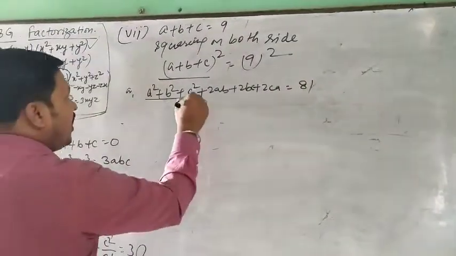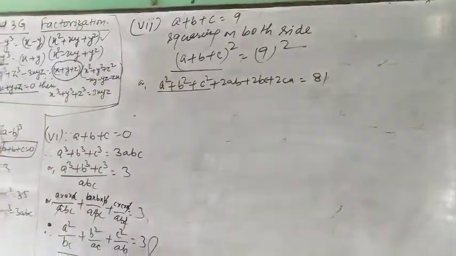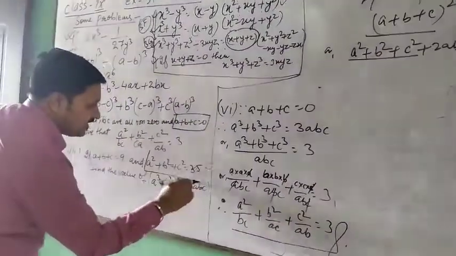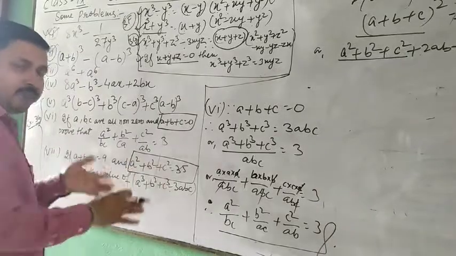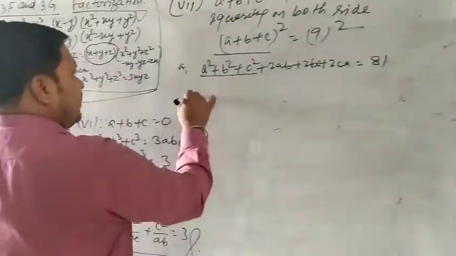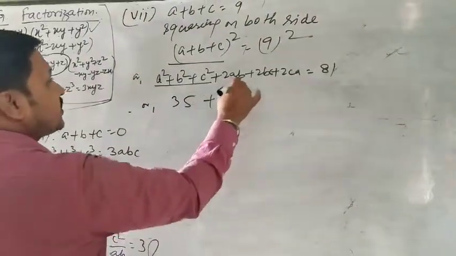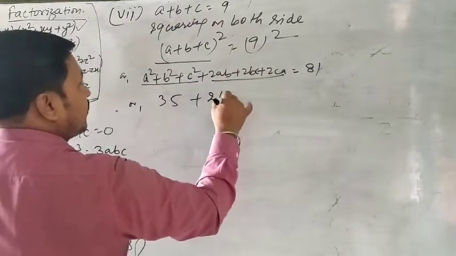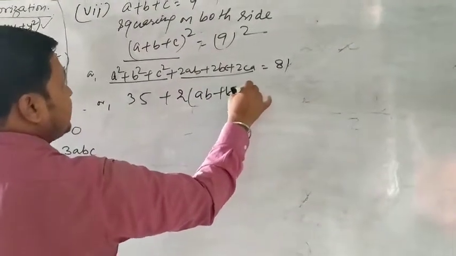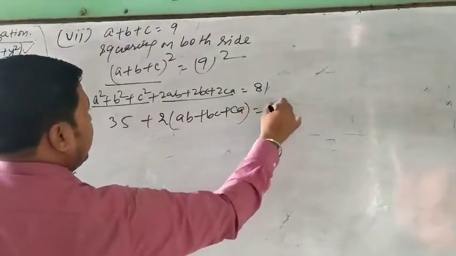Now the value of a square plus b square plus c square in the question is 35. So we take from the question, this is equal to 35 plus, here 2 is common, twice (ab plus bc plus ca) equal to 81.